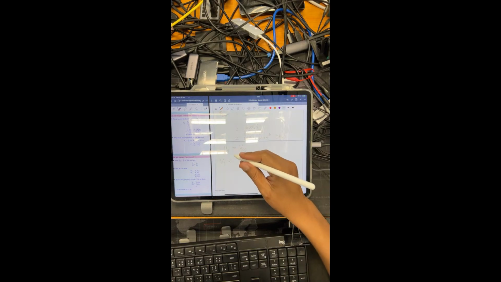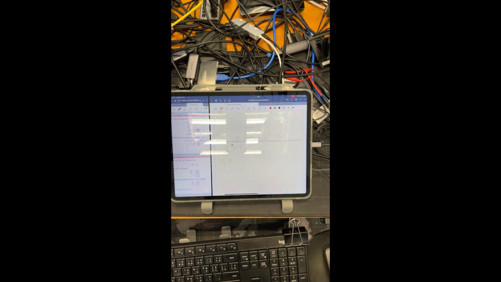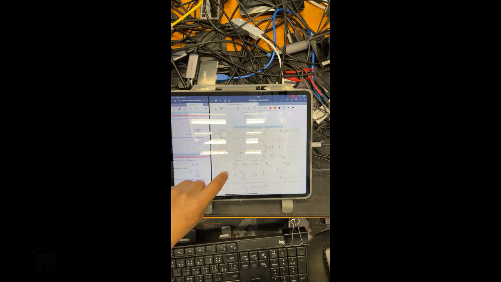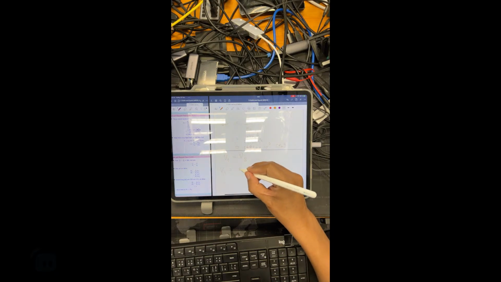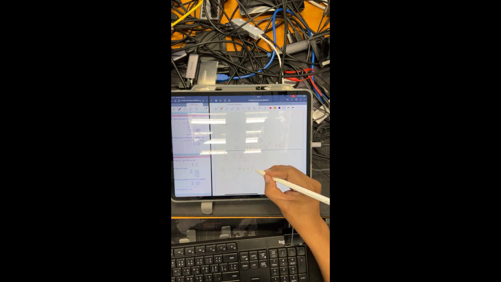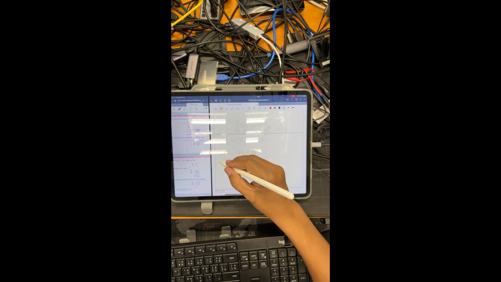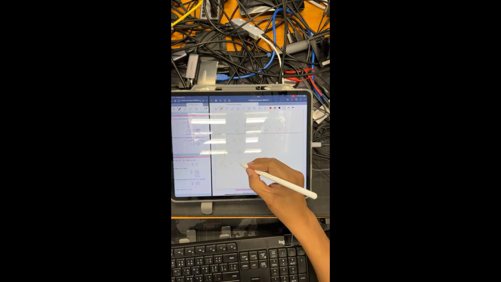V1 is the liquid that is lost. Someone has pushed it, and this is going to stay on the right side. It's reduced by A1 times the difference in height, delta Y1, and V2 on the right side will be A2 times delta Y2.